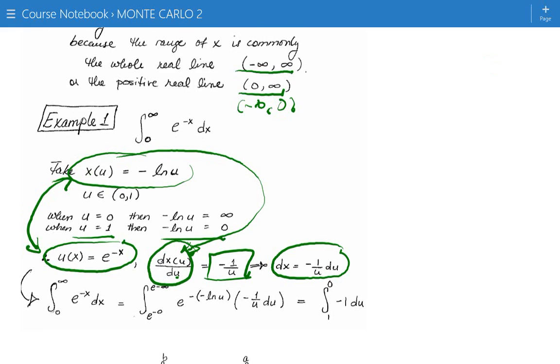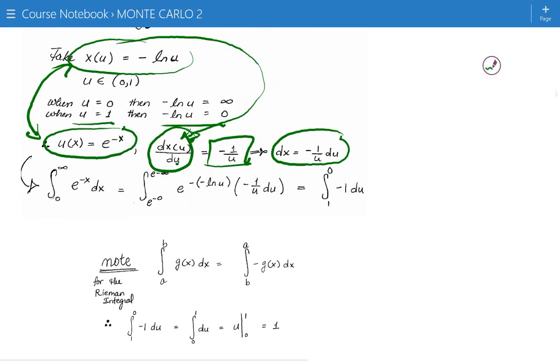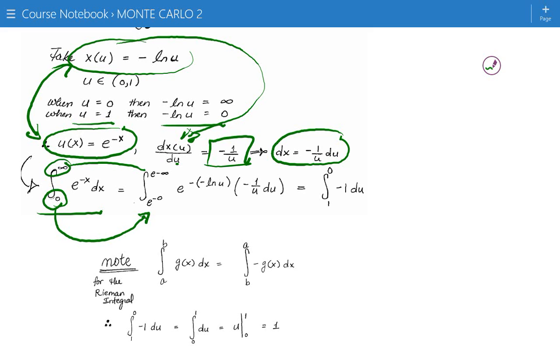We start with our original integral that we're interested in. If x is 0, e to the negative 0 is going to be our counterpart of u. And when x is infinity, e to negative infinity is its counterpart.